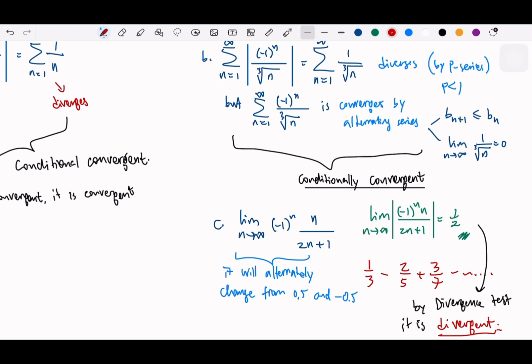Remember, at the beginning of chapter 11, our goal is to make sure that the series can be represented as a function, which later we see from the power series and the Taylor series. So that is actually our goal. I think today's class finishes up until here.